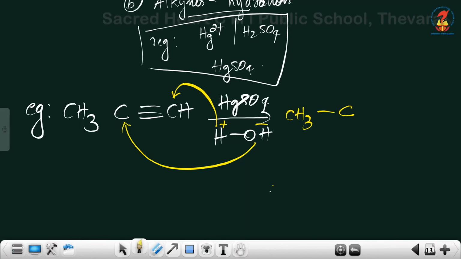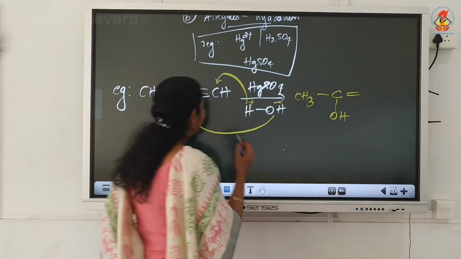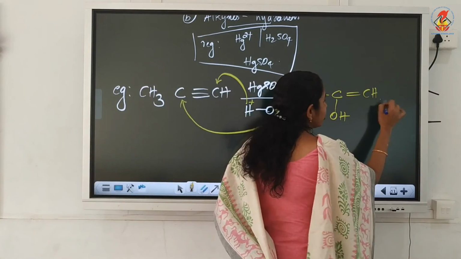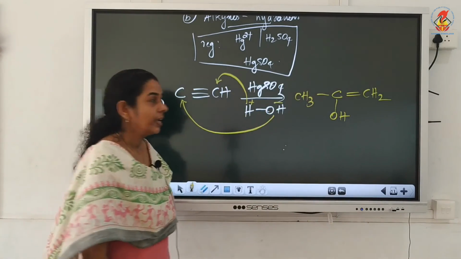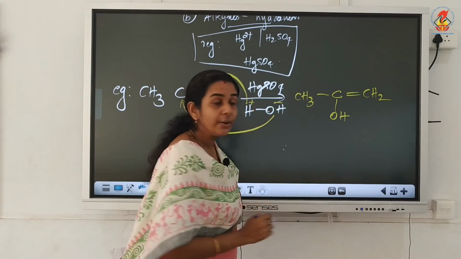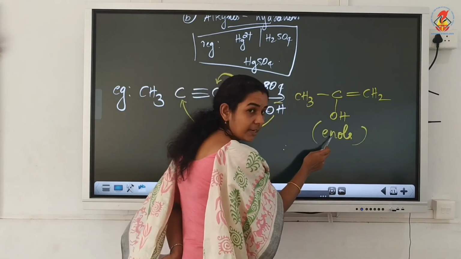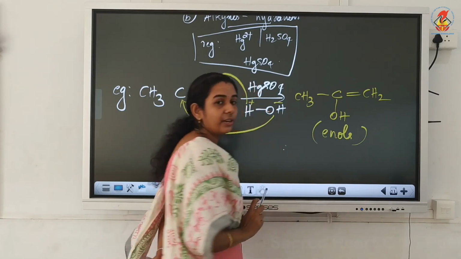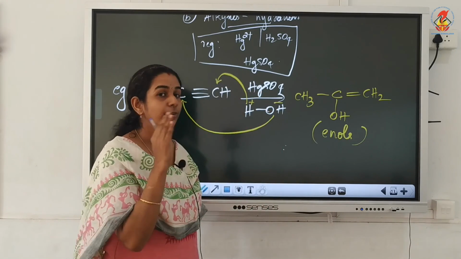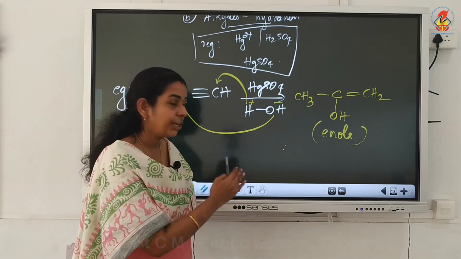CH3, C, so OH will be attached to C. After the addition, the triple bond becomes a double bond and CH becomes CH2. A compound containing both a double bond and OH is known as an enol. What do we mean by enol? En represents double bond and ol represents alcohol. So after the hydration of an alkyne, we are getting enols.